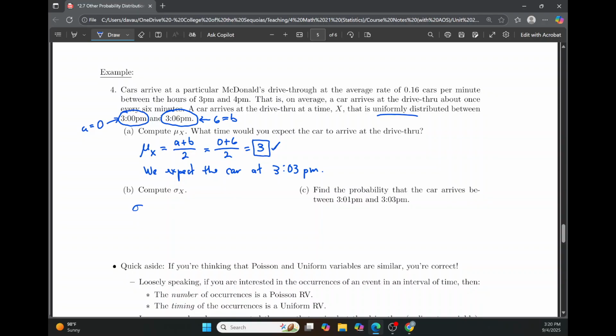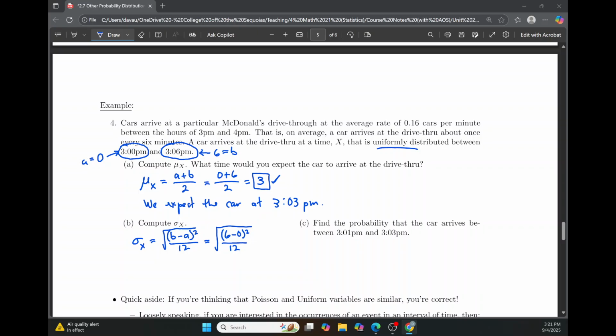So let's plug in some numbers there, right? We already know that b is 6 and that a is 0. So this is going to be the square root of (6 minus 0) squared divided by 12. And now you can just punch that into your calculator and see what you get. Let's take a look together at that.